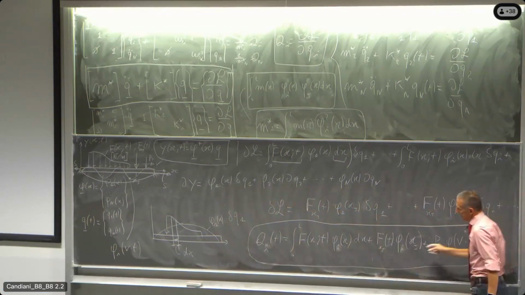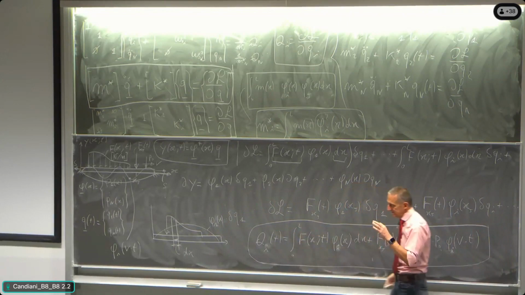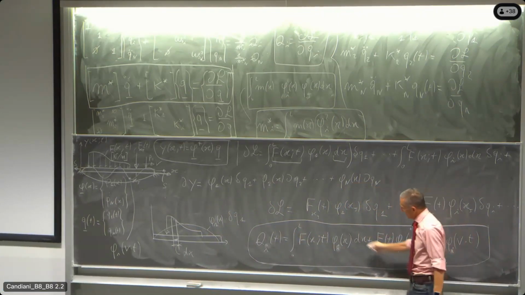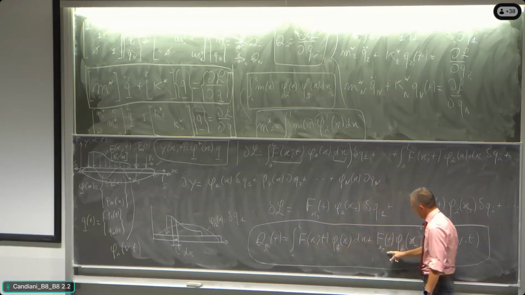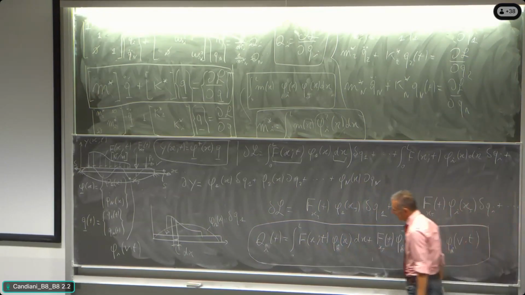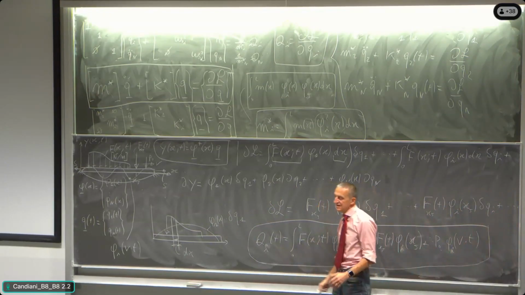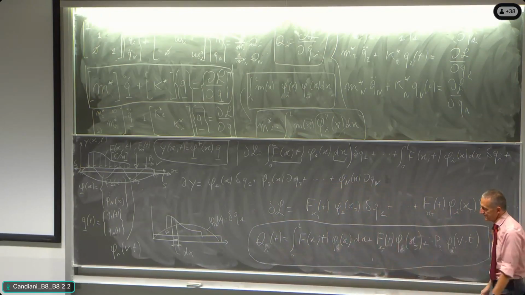This object has a name. The Lagrangian component of the external forces. So the external forces are the distributed force, the concentrated force, the traveling load. So the Lagrangian component, this object Qi function of time, is the Lagrangian component of the external forces.